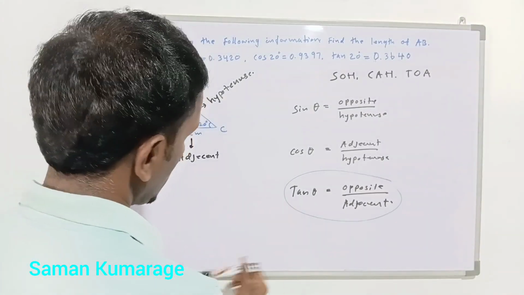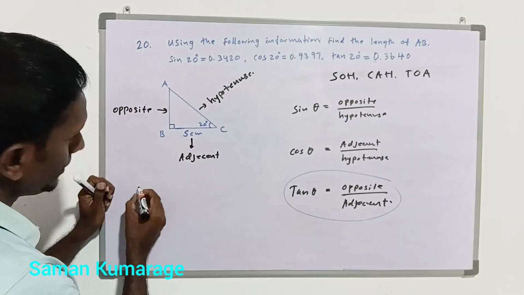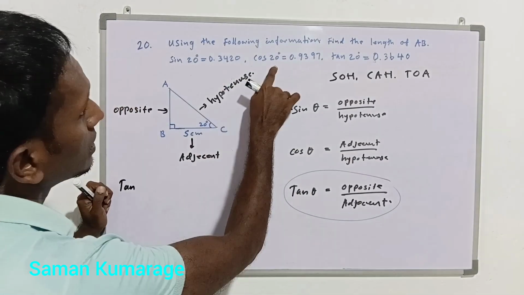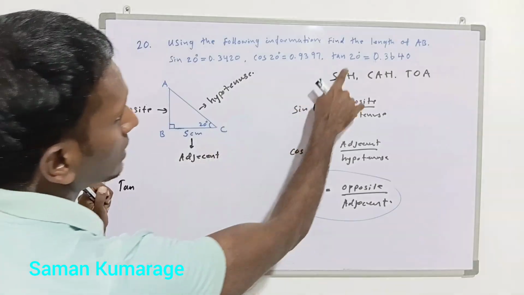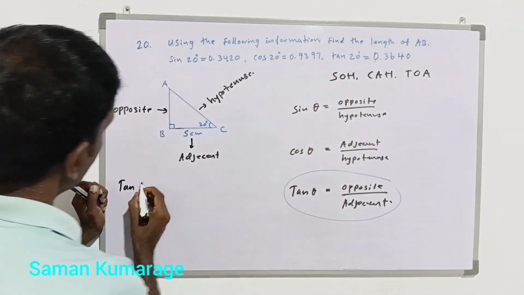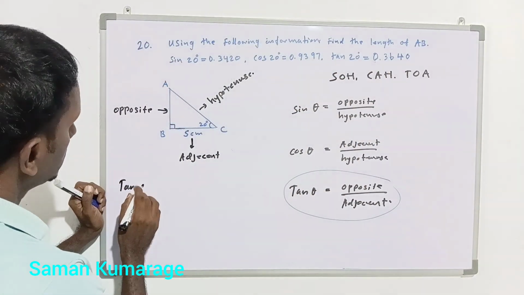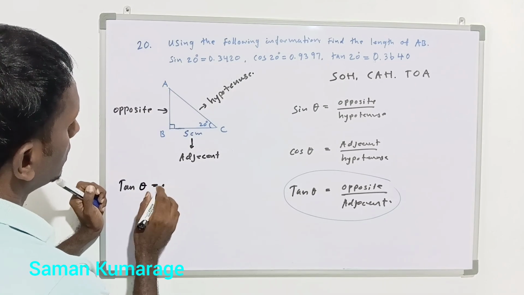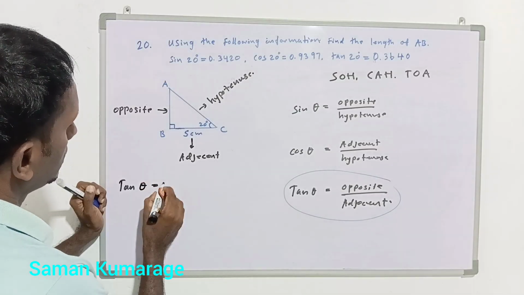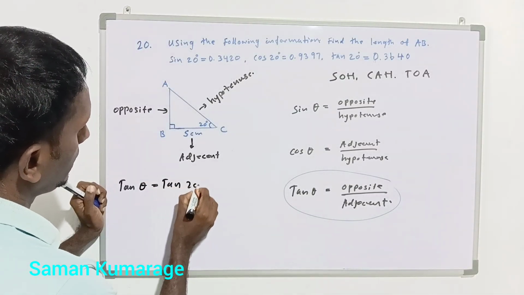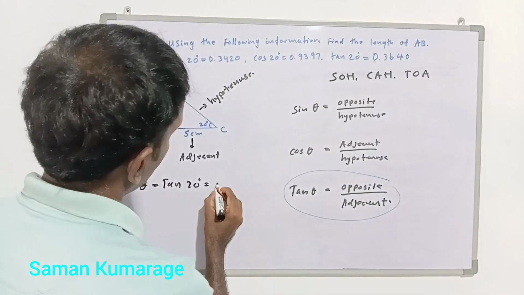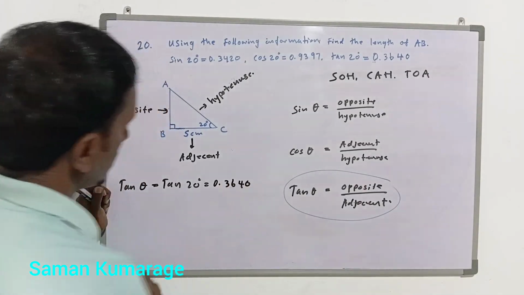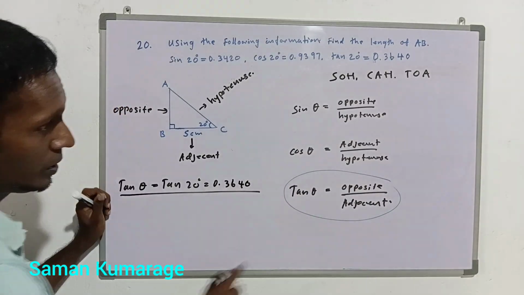Okay, let's see. For tan 20 they have given this value. Tan 20 is equal to what? 0.3640. So we can use this value.